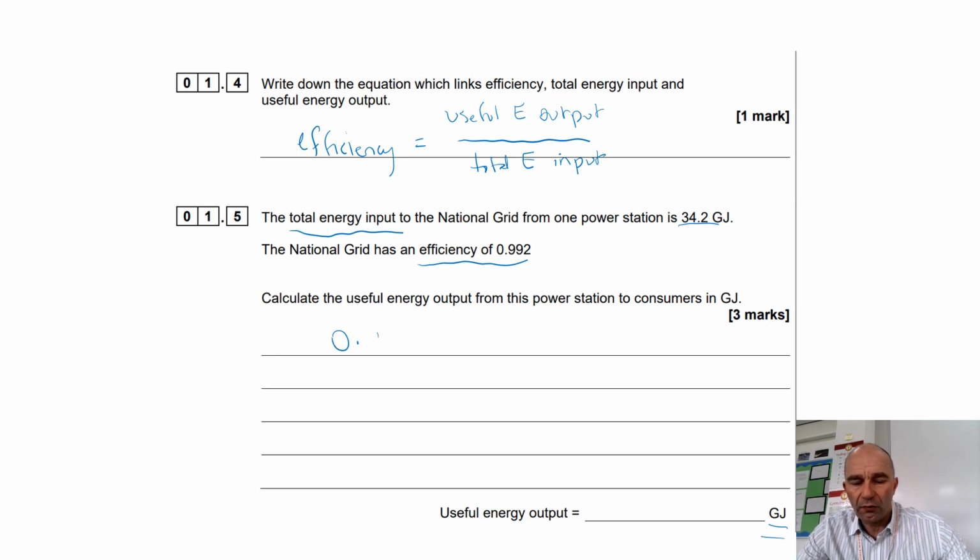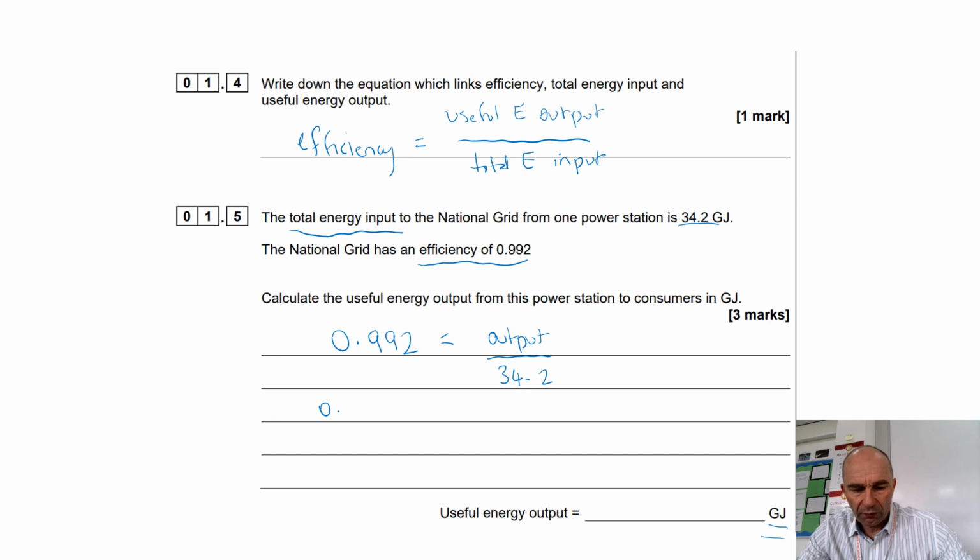Efficiency is 0.992 equals, so it's going to be the output, or useful output, divided by 34.2. Now, to get output by itself, all we need to do is multiply both sides by 34.2.